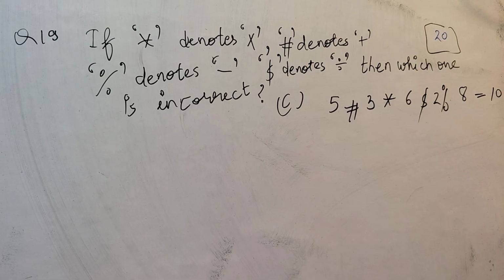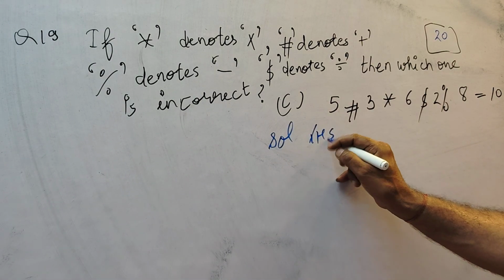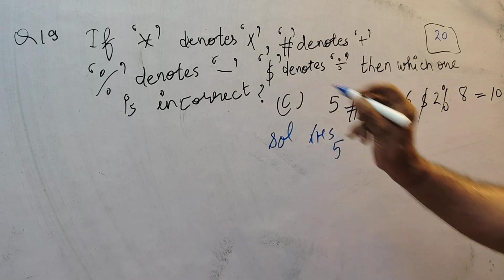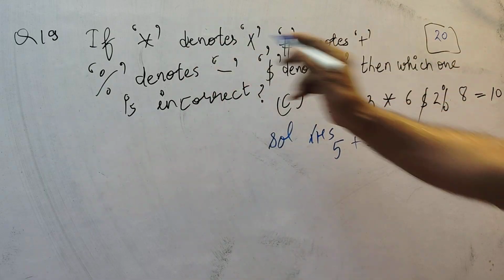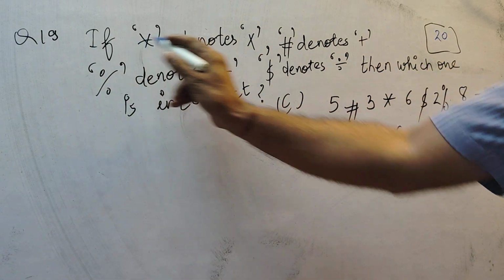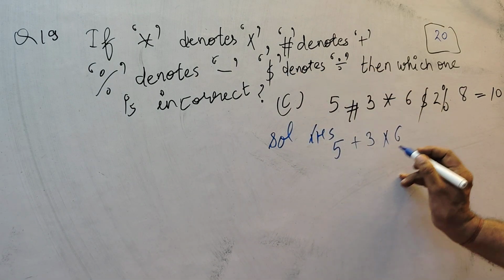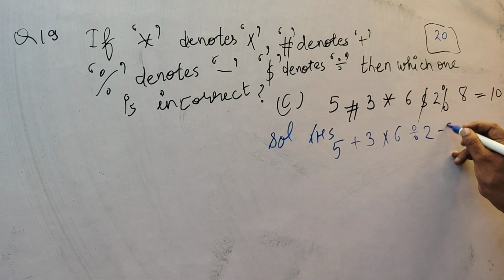So in the solution of left hand side, first hash sign is replaced with plus sign, asterisk with multiply sign, dollar with divide sign, percentage with minus sign.